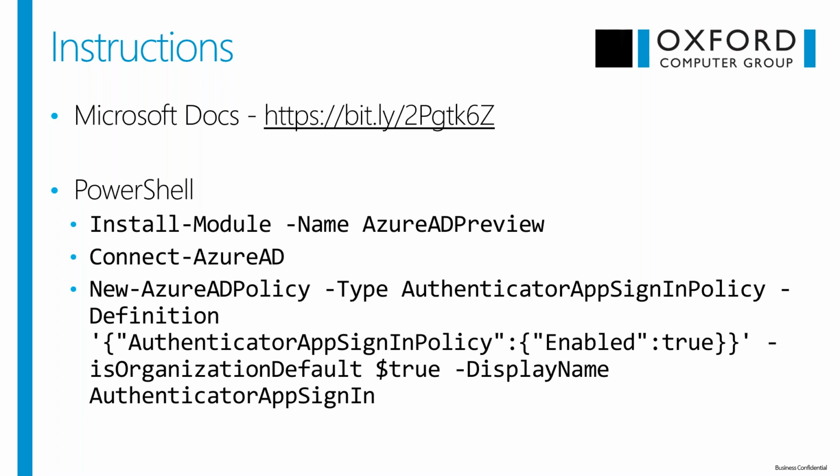We'll also have these slides available. From PowerShell, you're going to use the Azure AD Preview module, connecting to Azure Active Directory. You have to be a global administrator or a security administrator to run this. And then you're going to set what's known as a new Azure AD policy, which basically sets the Authenticator app sign-in policy to enabled, and that it is the organizational default.